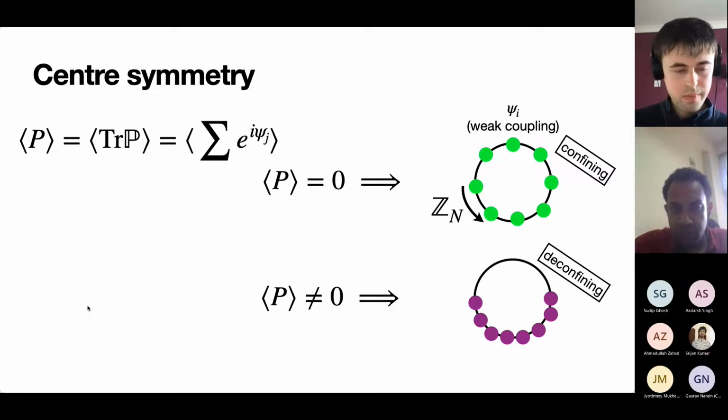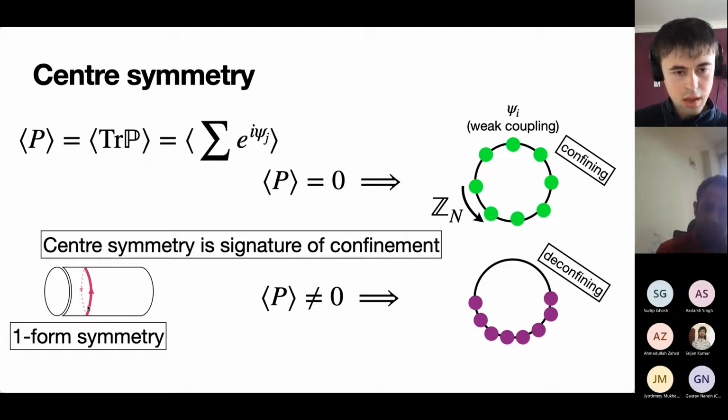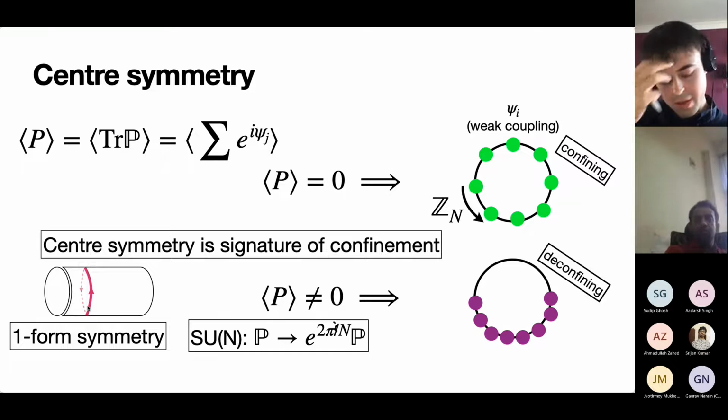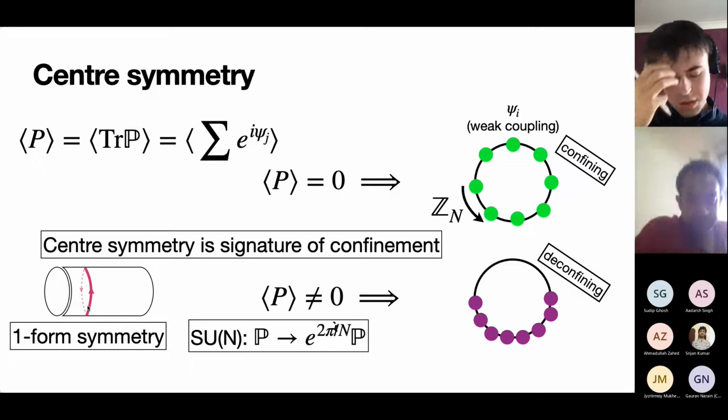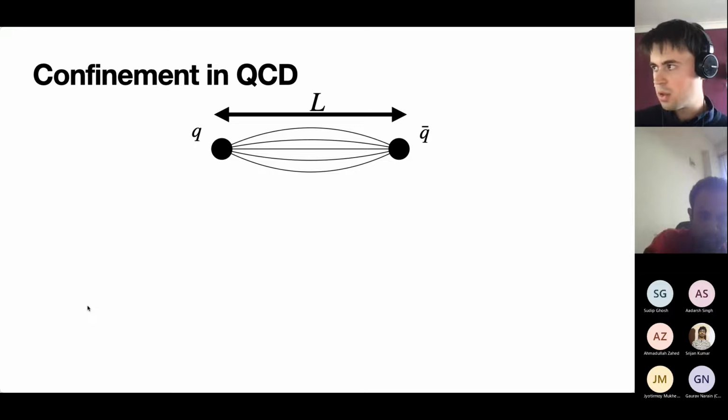So we can conclude that center symmetry is a signature of confinement, and incidentally, I can mention it's a one-form symmetry, and so the Polyakov loops are charged under the action of this symmetry group.